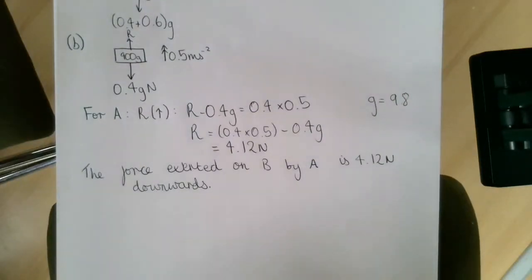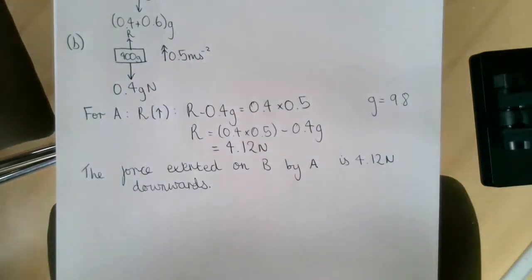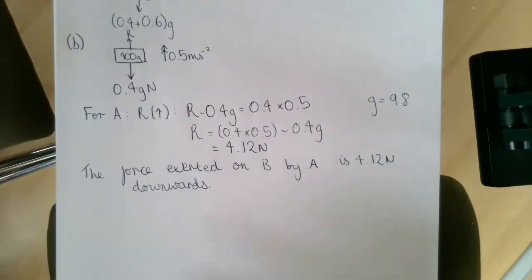The reason that we know it's going downwards is because the force that's exerted on A by B is that 4.12 newtons, that normal contact force. We're using Newton's third law to say that the force exerted on B by A will have the same magnitude but it's in the opposite direction.